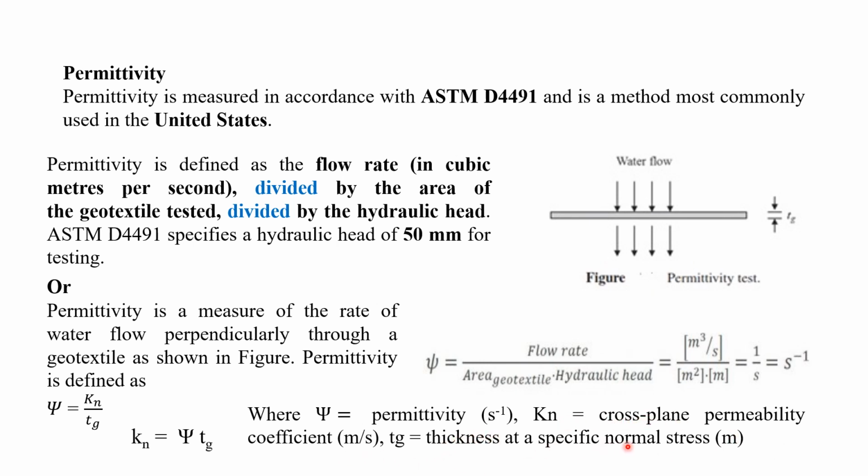Tg is the thickness of the geotextile normal to the sheet. So psi is equal to permeability divided by the thickness of the geotextile material. So the cross plane permeability coefficient in meter per second can be written as psi into Tg.